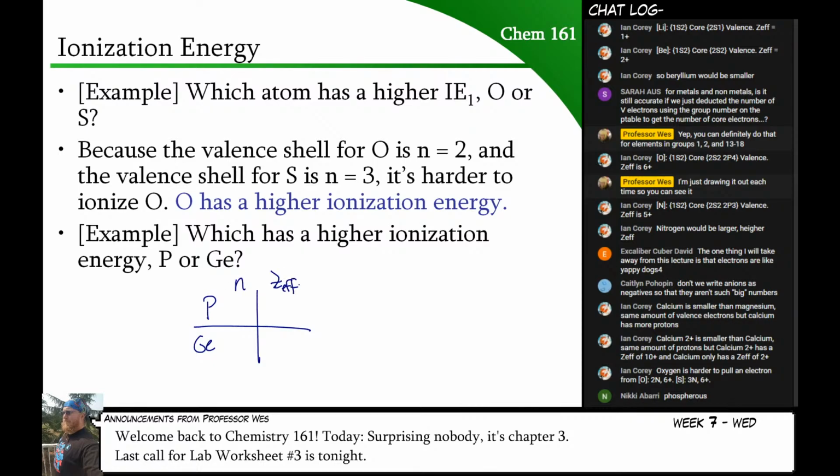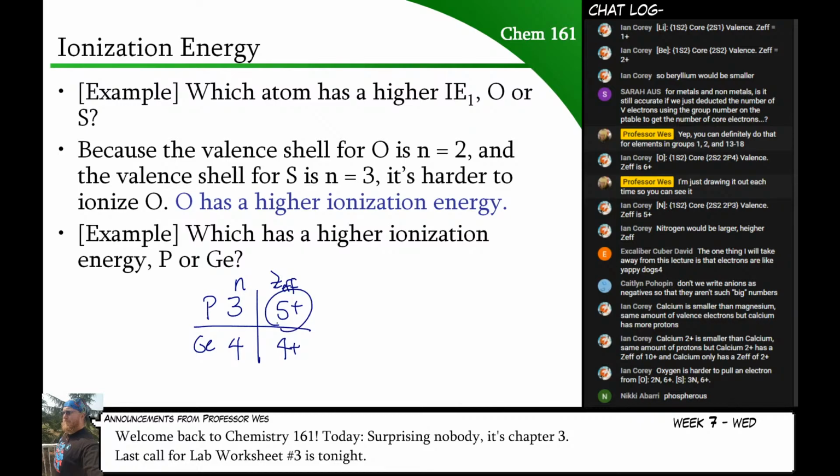So if I look at the highest N, for phosphorus, that's 3, and for germanium, that's 4. And if I look at Z effective, germanium's Z effective is 4+, and phosphorus's is 5+. Now you might be thinking, oh crap, they're both different, but it turns out both of these work towards higher ionization energy.